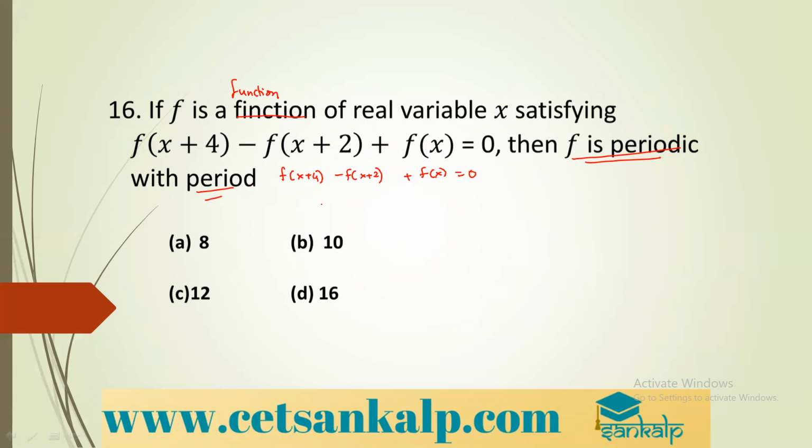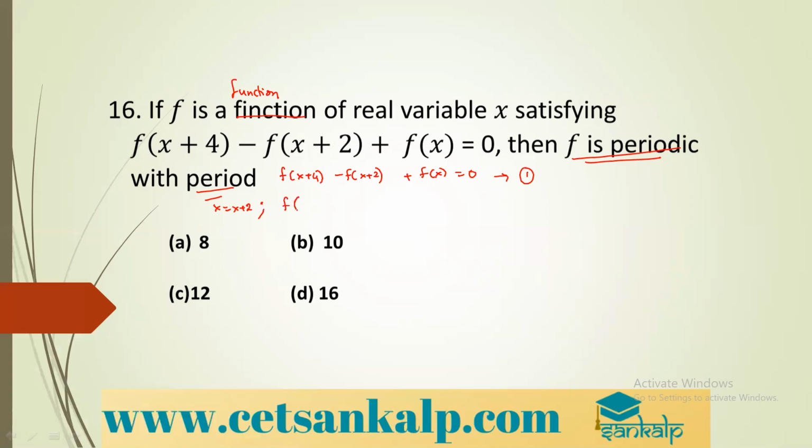So first, as I know this equation will be satisfied for any x, I will name it as equation 1. Now my first work is I will put x as x plus 2 everywhere. Still the equation will be satisfied.